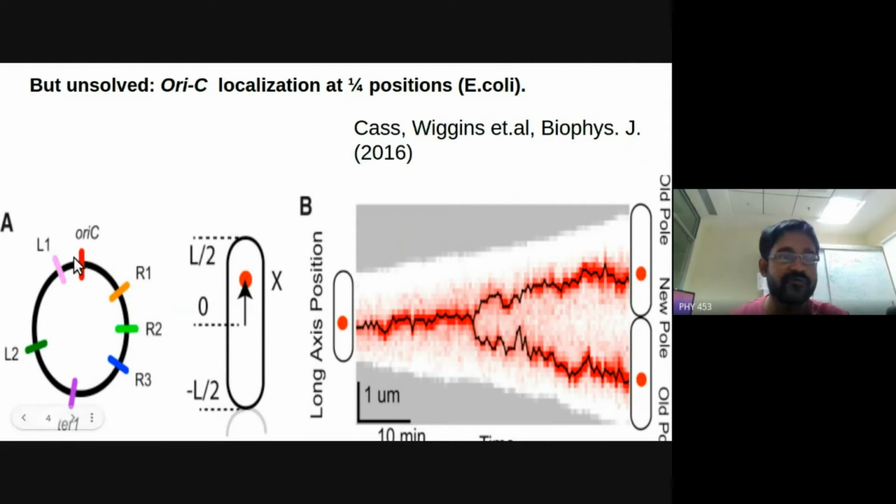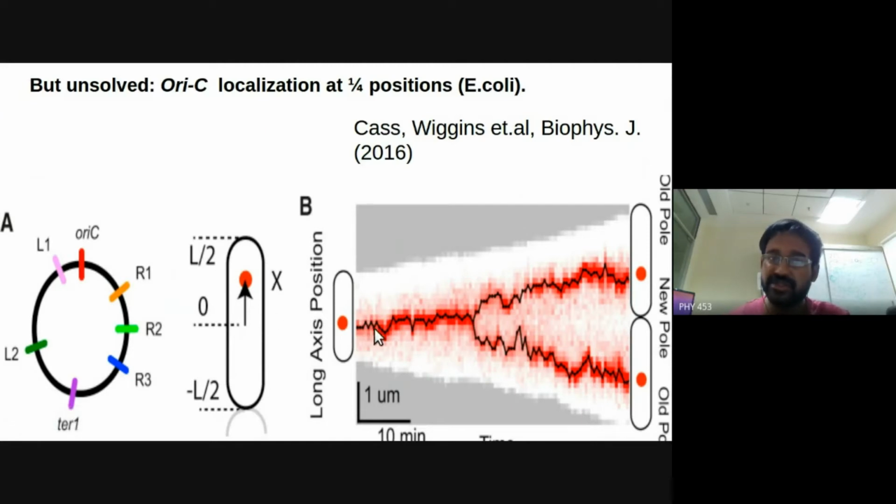If you can see my cursor, I'm pointing to the ODC, which is one of the loci. The ODC starts out from the mid cell position, with respect to the cell long axis. The ODC is the first locus to get replicated, so now there are two ODCs after a while.